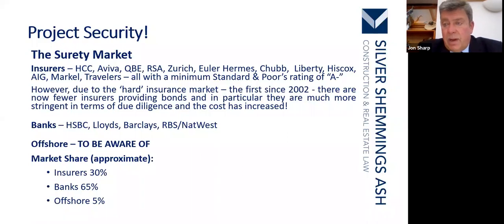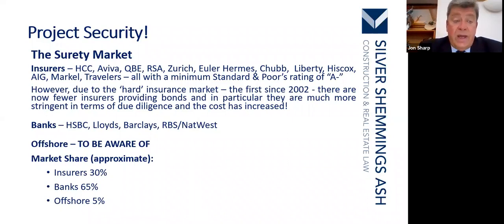There was a bit of a bubble in 2002 after the attacks on the Twin Towers in New York. But since then, we had a review by Lloyd's of its entire market and basically saying to underwriters, do not write business that is not going to produce a profit so you can pay claims, because that affects the solvency margins.